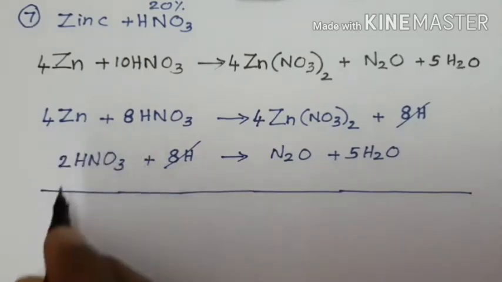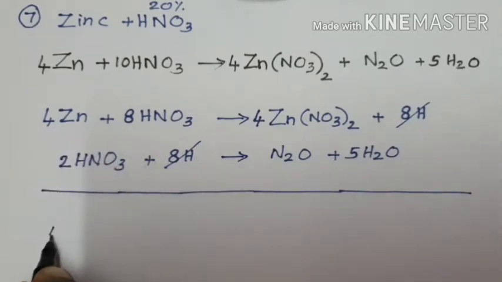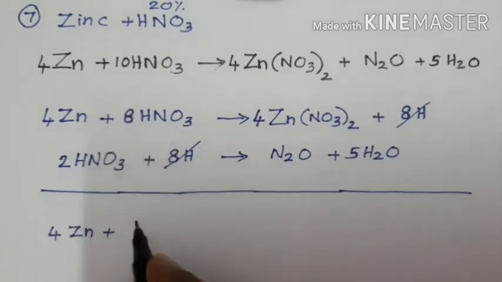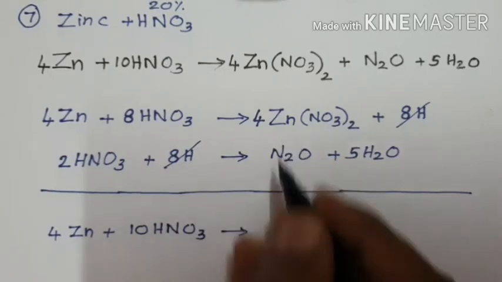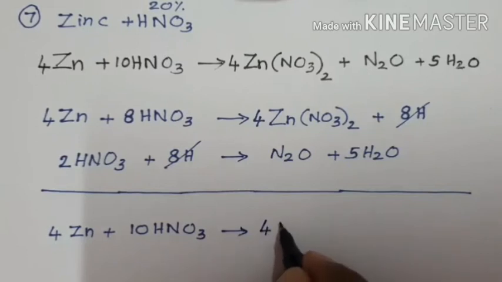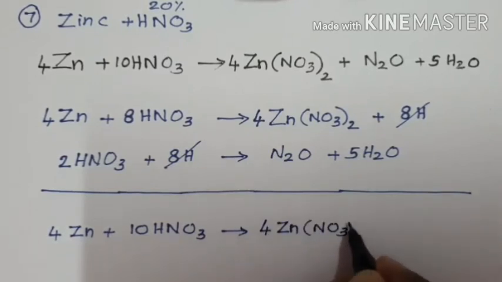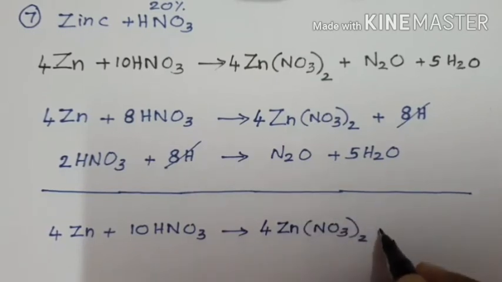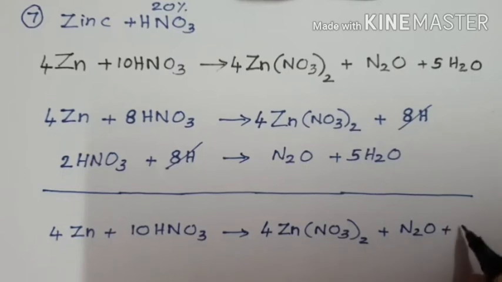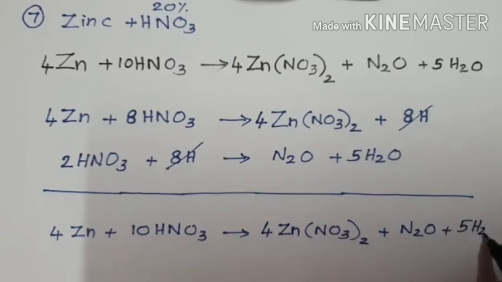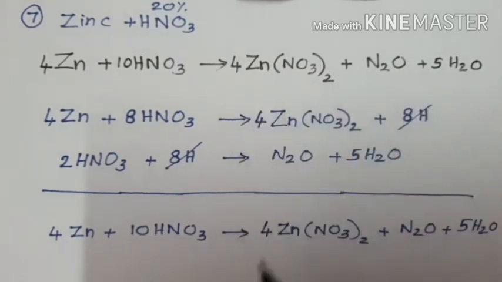When we add these equations, we get 4Zn plus 10 HNO3, nitric acid, gives 4Zn(NO3)2 plus N2O plus 5H2O. This is our reaction.